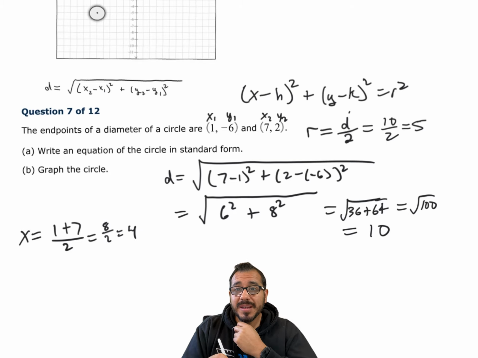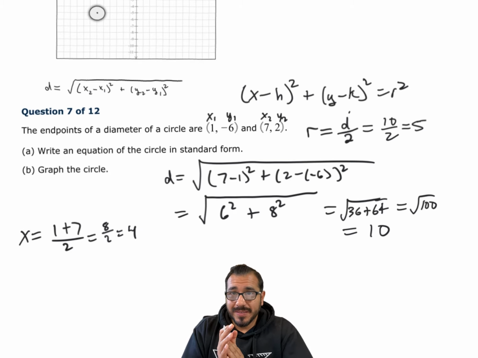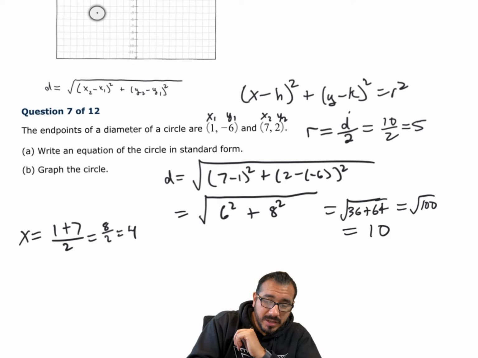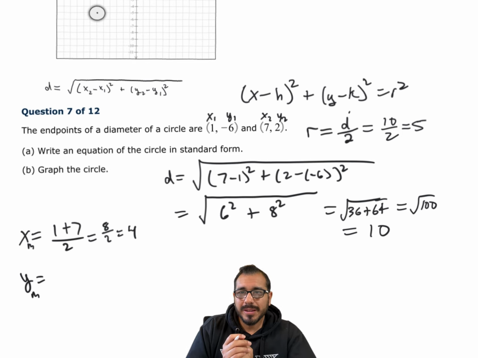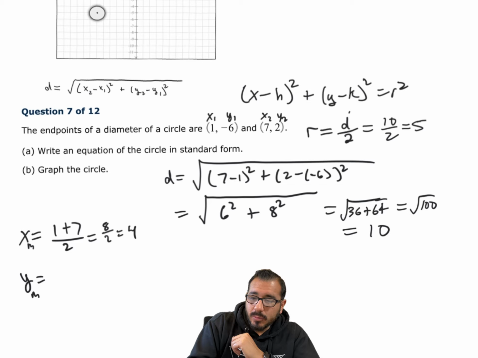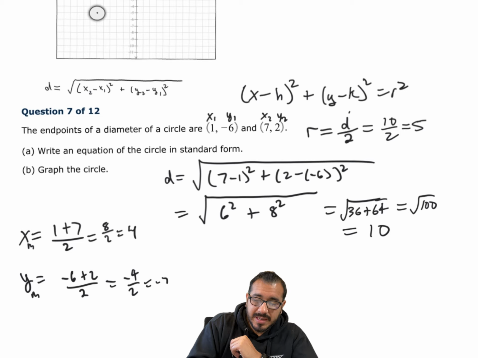So this is going to be the x-coordinate of the center. And we're going to do the same thing with the y. I'll call it ym and xm. So you know that's the midpoint, but really it's giving us the center. And then we have negative 6 plus 2 divided by 2. And this gives us negative 4 over 2, which gives us negative 2.